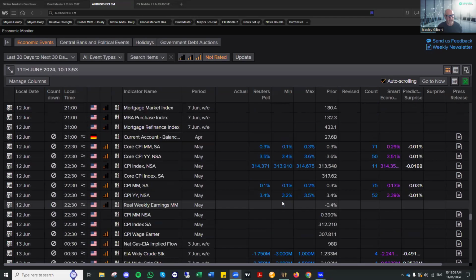Let me find a US number here, right? We'll focus on the CPI number. So we know, generally speaking, right? We've got these numbers here, which is the focal point. Of course, you've got the core numbers here, but this is the number that we're looking at. The Reuters poll is 3.4%, and the range for the US CPI number is 3.2 to 3.5.